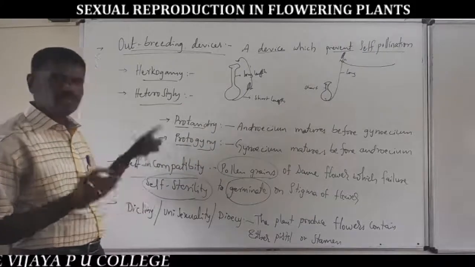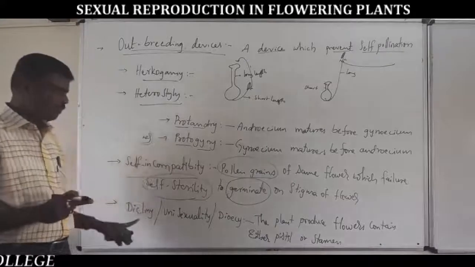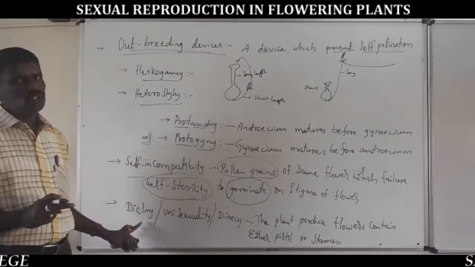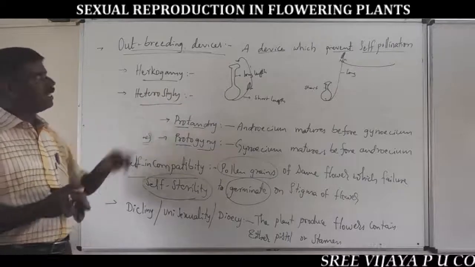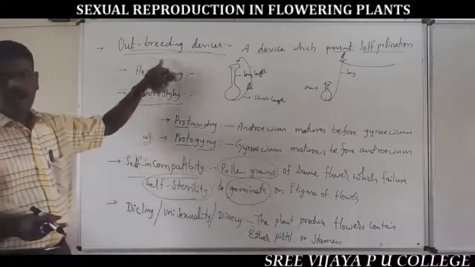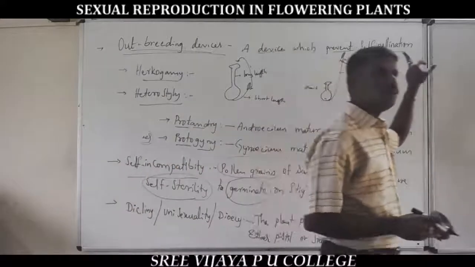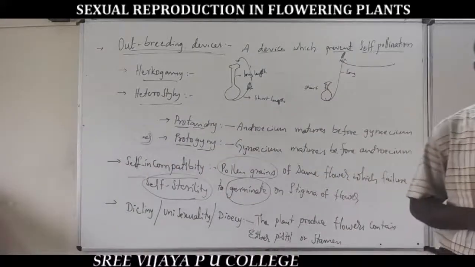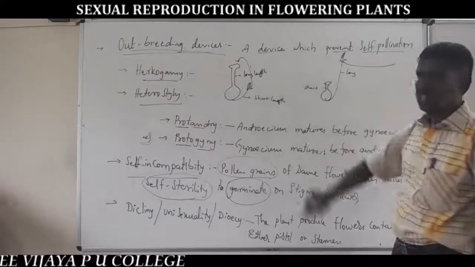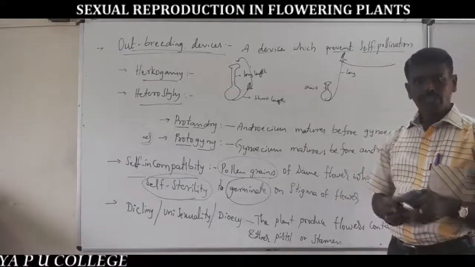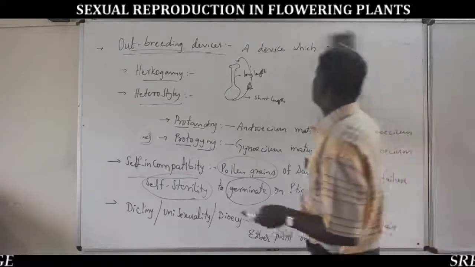Like dichogamy, self-incompatibility, unisexuality, dioecy, heterostyly are important outbreeding devices which encourage cross-pollination and prevent self-pollination. So these are the outbreeding devices.